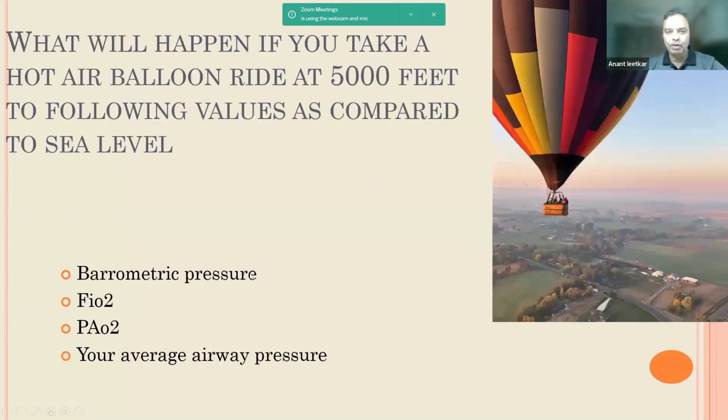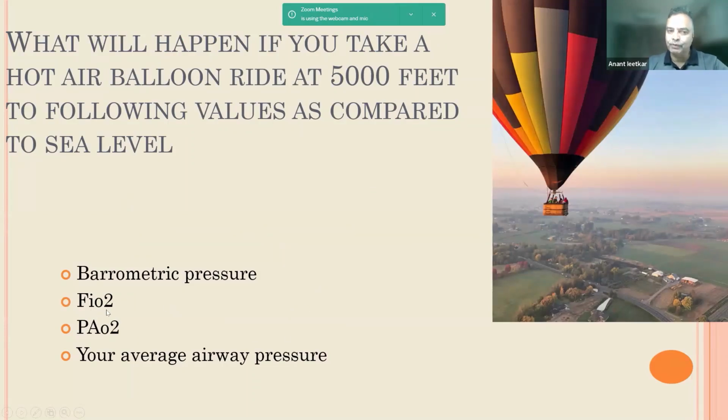So this is a small question for everybody. Anybody can answer this. If we are going up in a hot air balloon to 5,000 feet above sea level, what will be the following values? What will happen to barometric pressure? Anybody can answer, pick up or type in the chat box. Barometric pressure will fall.